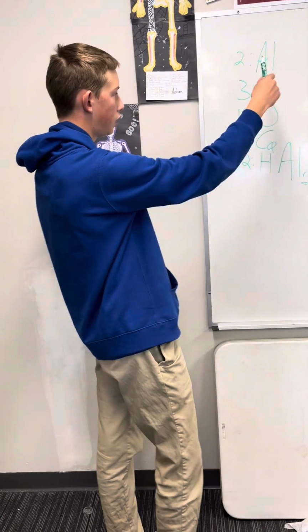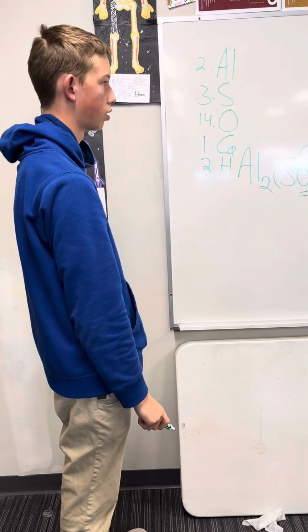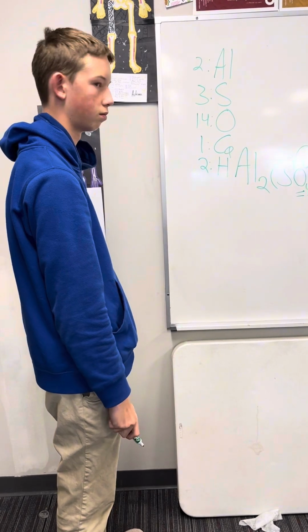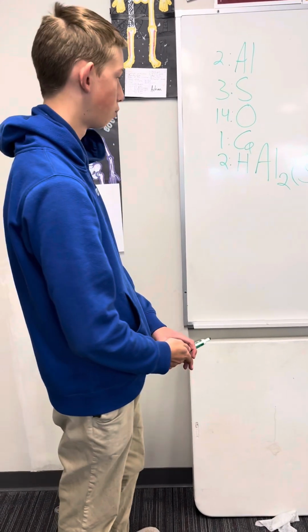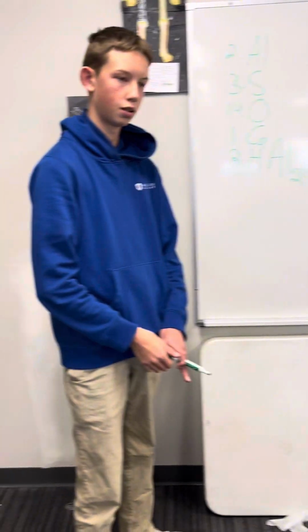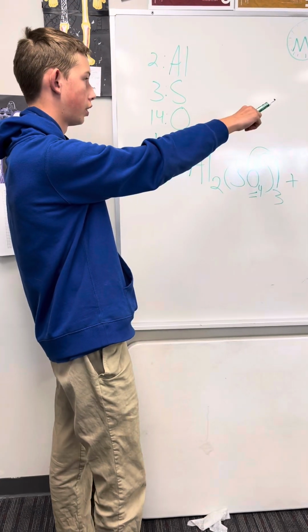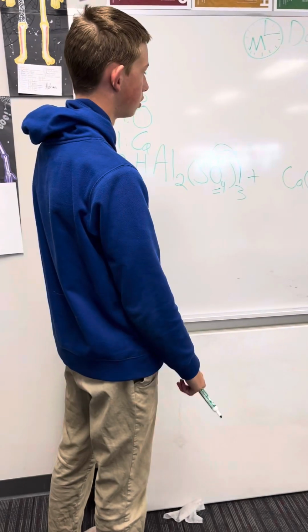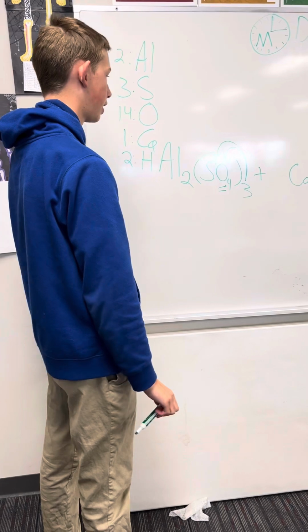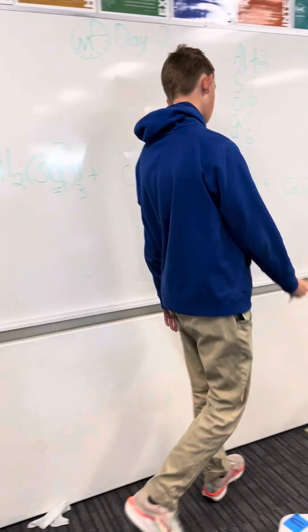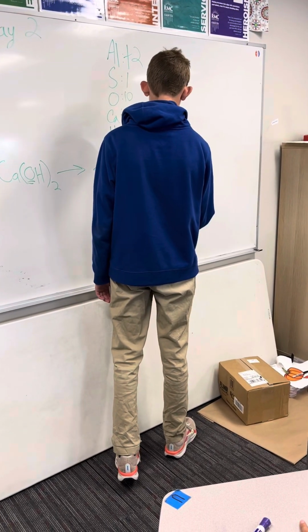Okay, so our aluminum matches, but nothing else does, except for our calcium. What is the next step? Balance it. Okay, the next step would be to match our sulfur, not sodium. To get 3 more sulfur, we need to add a 3 here.